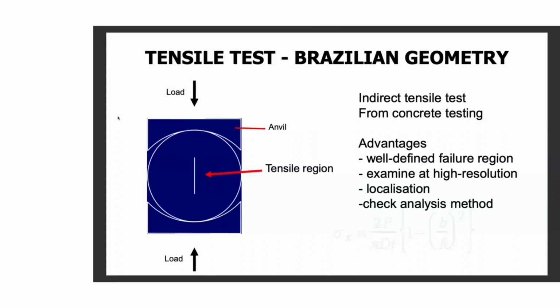And down below, I think you can see very palely the equation for that particular arrangement, where P is the load, D is the diameter. We've got B and R, which are the radius of the sample and radius of the anvils. So there's a number of parameters that we can look at there. So this is the kind of image you get.